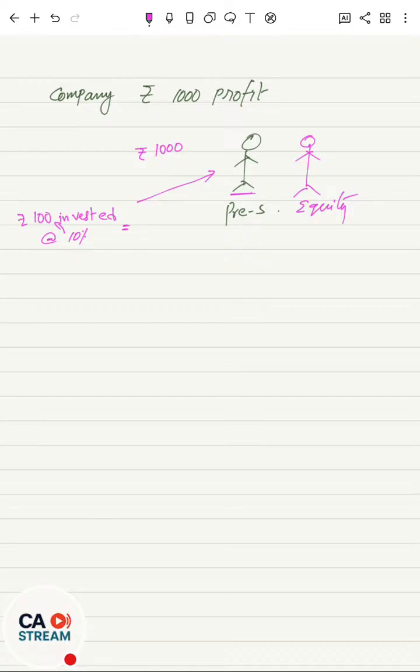The meaning of 10% preference shares or 20% preference shares is that the company will pay a fixed amount on their investment. If a person invested 1 lakh rupees in 10% preference shares, he will get 10,000 every year as dividend. If it is 20%, the same person will get 20,000 rupees as dividend for his 1 lakh investment. And it will be discussed in detail later.